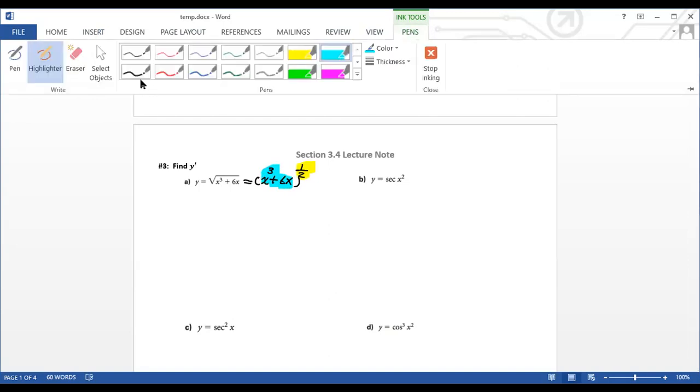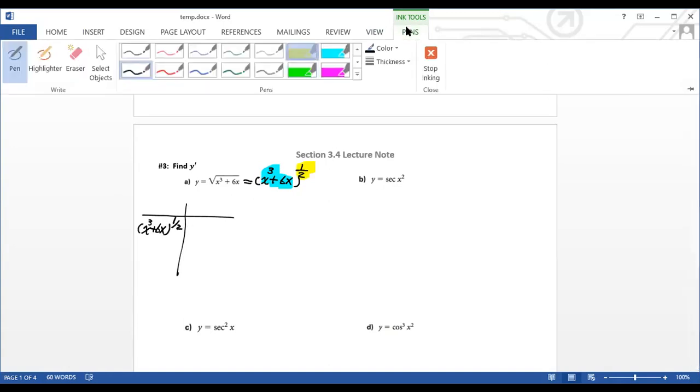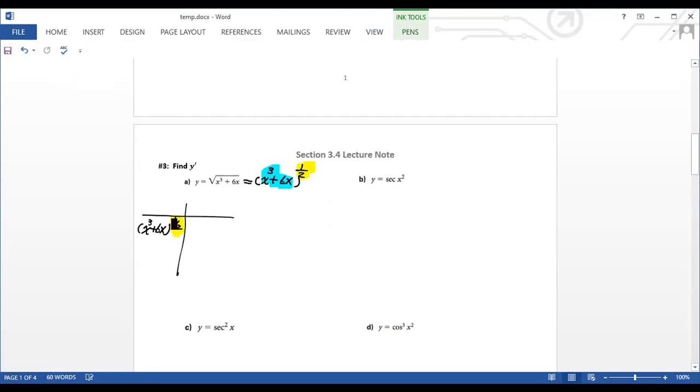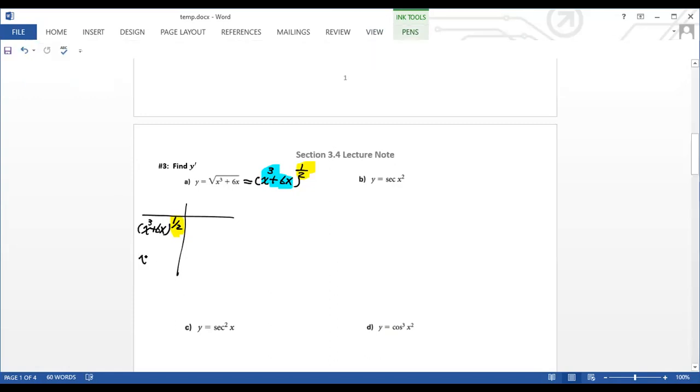And then I have something inside here. So you say, okay, I think I know how to do that now. What is the first layer? The first layer will be x cubed plus 6x to the 1/2. The first layer is this exponent, the power rule. Then my second layer will be x cubed plus 6x.